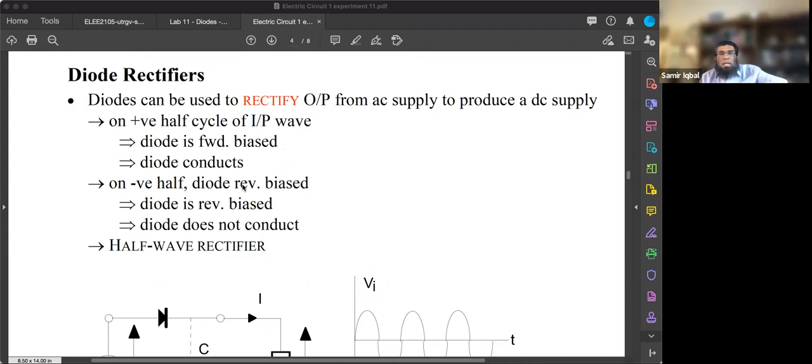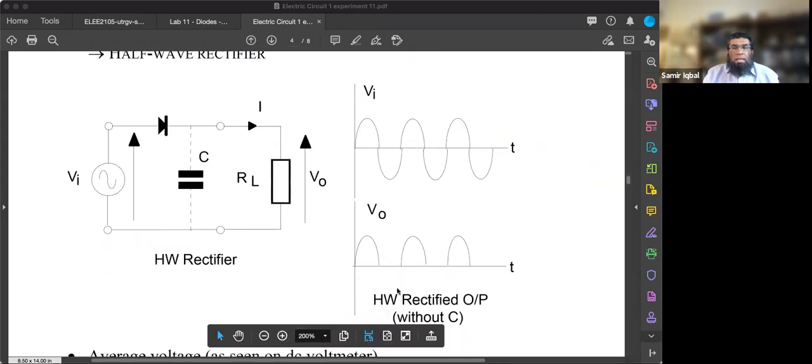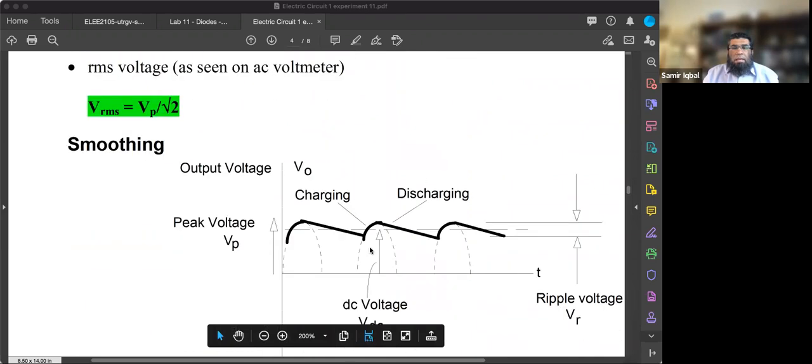On the negative half cycle, the diode is reverse biased. This is talking about no capacitor, up to here. But the image is showing you with a capacitor, so the signal changes: instead of just this, we get this.